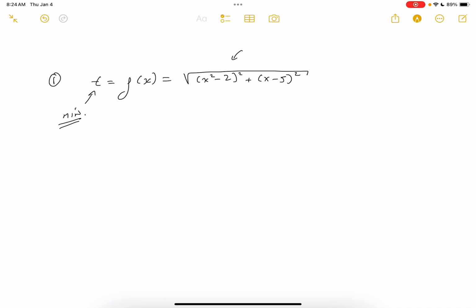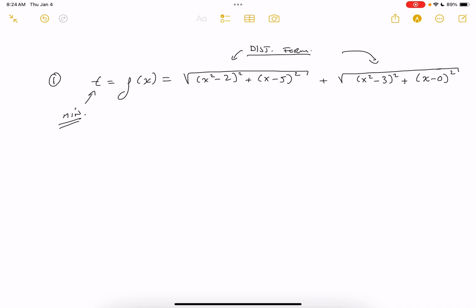What I notice immediately about this one over here, it almost looks like it's a distance formula. All right, what's the next one going to be? Write this one over here. And it's going to be x squared, very similar to the first one, by the way, minus 3 squared, plus, I do see x squared though, but I can write it as x minus 0 squared.